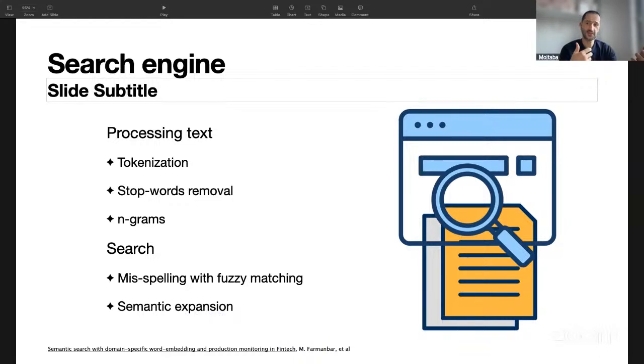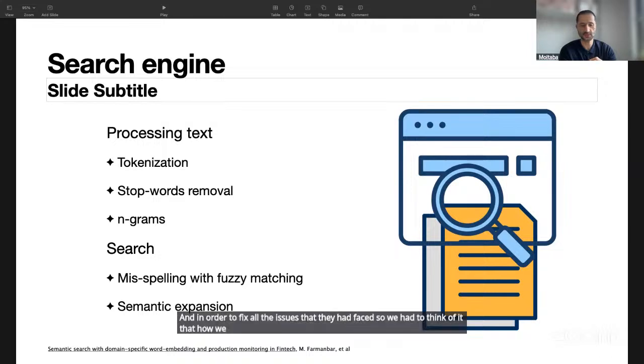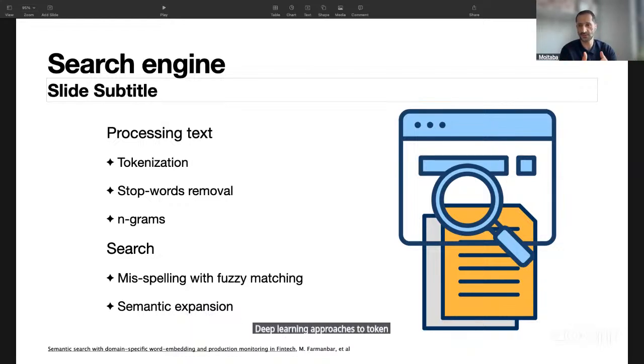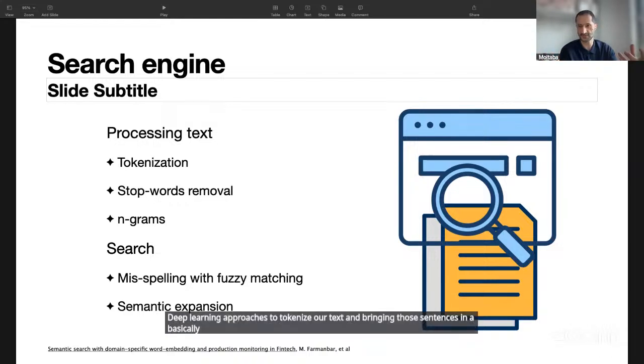And in order to fix all the issues that they had faced, we had to think about how we can leverage NLP techniques or methods, I mean, all those statistical approaches and deep learning approaches, to tokenize our text, bringing the sentences into units called tokens.